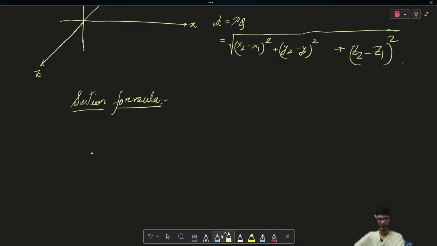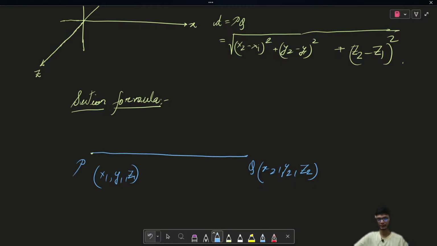So let us say that I have my points as P, which is again given as x1, y1 and z1. Okay, and I have another point Q, which is given as x2, y2 and z2. Let us say the points are given something like this, and I have this particular straight line, right?